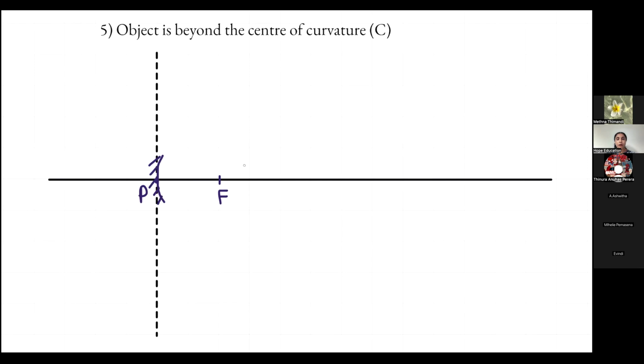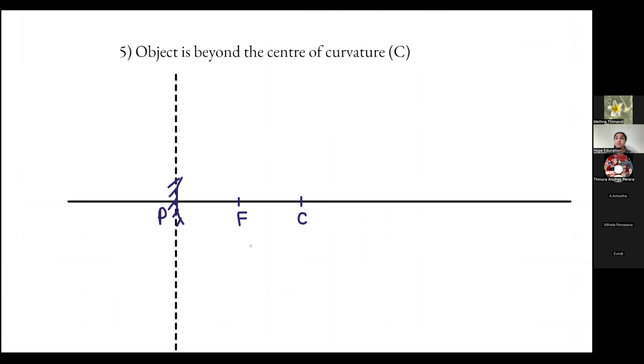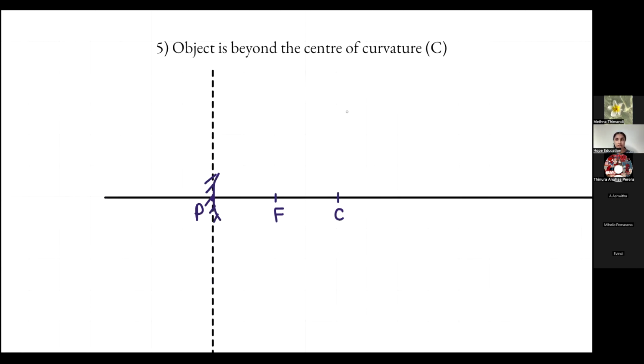So this is the focal point and this is the center of curvature. Okay. Now our object is beyond the center of curvature, right? If you remember, initially our object was here, and the location of the object keeps changing. Initially our object was between the mirror, which is the pole, and the focal point.